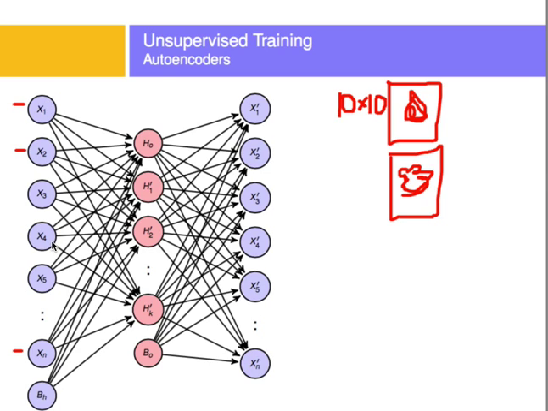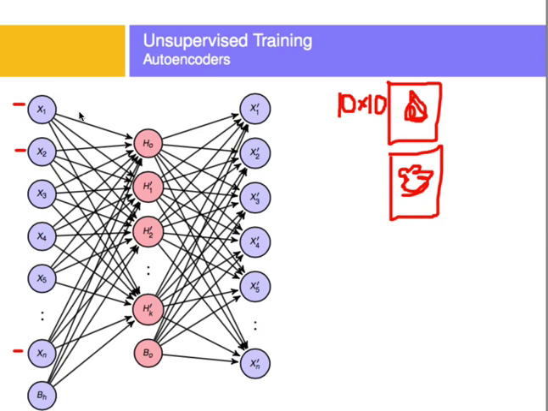x1 to x100 go into a neural network. If I want, say, 20 features of these pictures, I will have 20 or 50 hidden nodes, however many. Then what I will try to do is adjust the weights. I randomly assign weights to this network, and there are as many output nodes as there are input nodes.